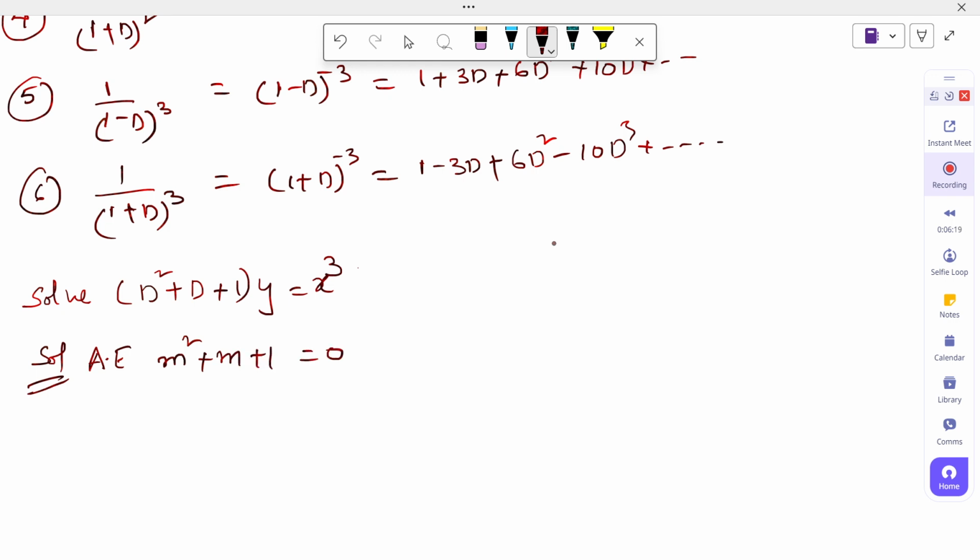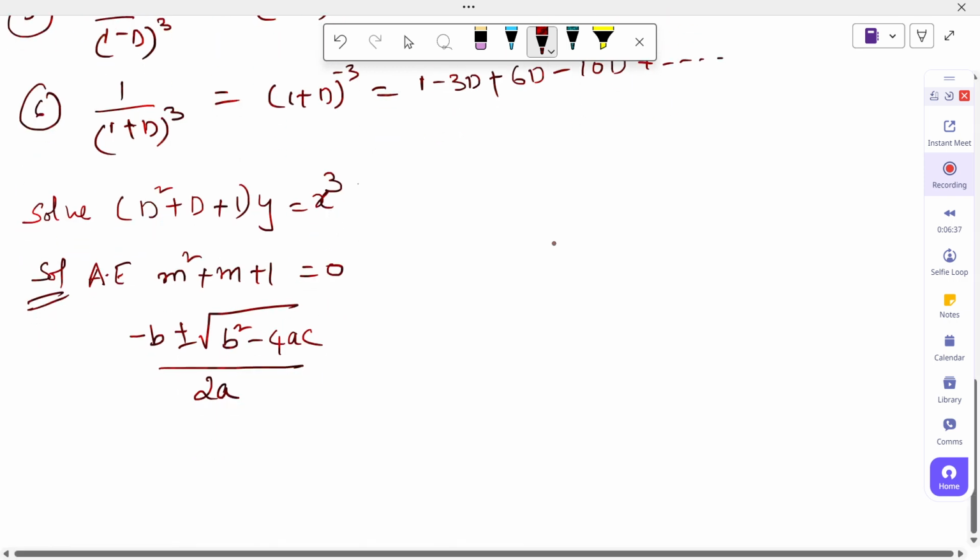Now this is in the quadratic form. We cannot solve it by finding common factors. So which formula are you going to use? Minus b plus or minus the square root of b square minus 4ac, divided by 2a. So what is your a value here?